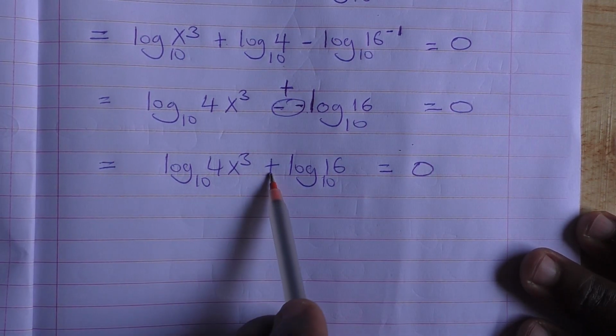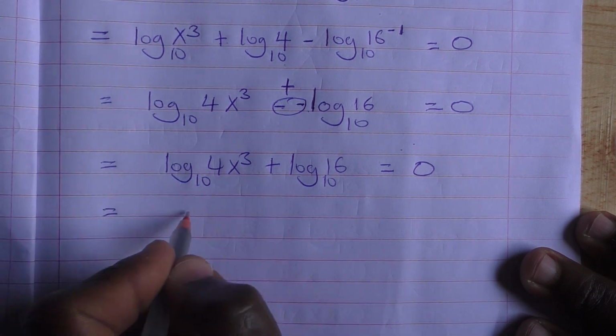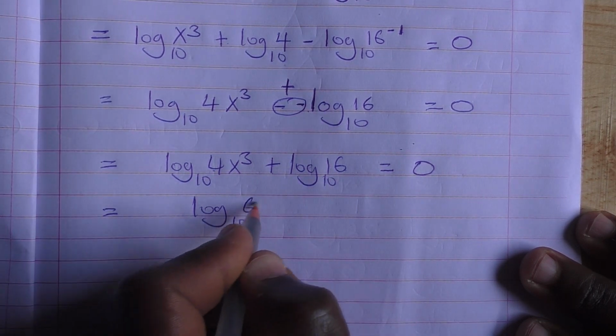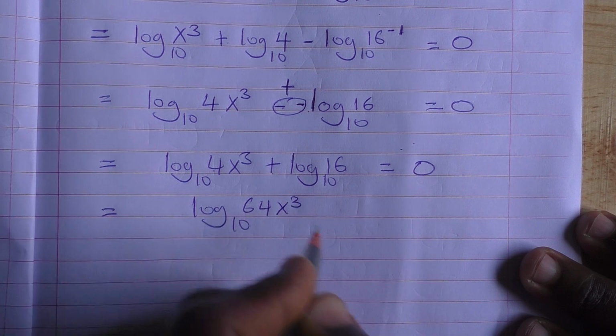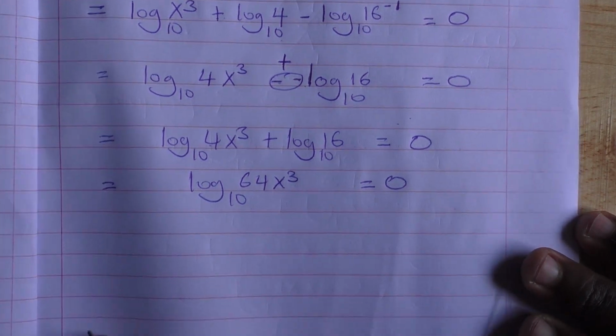And now since we are having a plus, we can still multiply the powers. So that gives us log 10 4x cubed times 16, which is log 10 of 4 times 16 is 64x cubed, equaling 0.